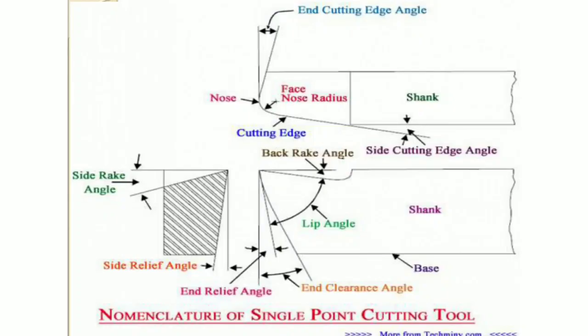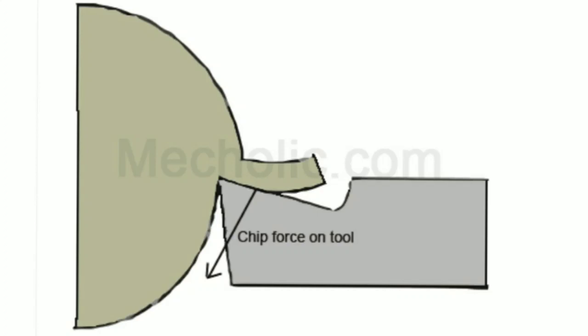Next, move on to the next topic, angles. As shown in this figure, some angles are given to the cutting point so that the cutting tool is created. Without angles, the contact area of the job and tool will be increased, which will create rubbing and friction between them.